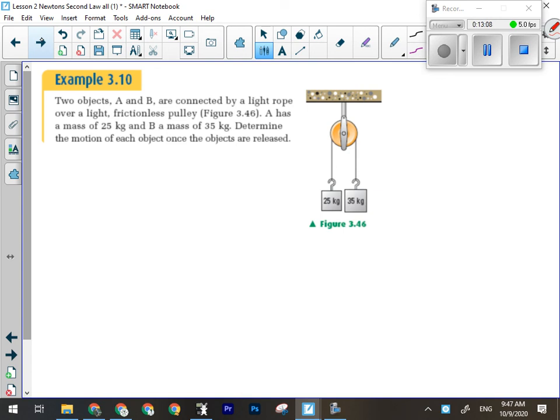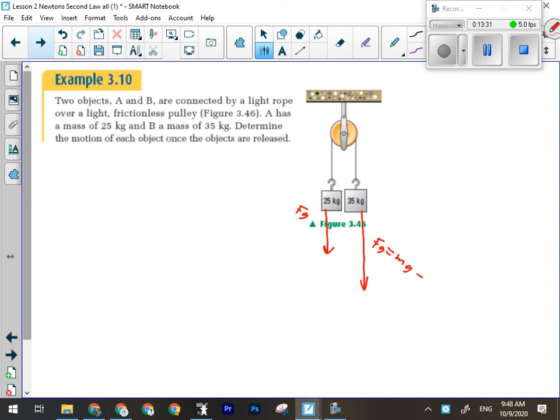So the two forces acting in this system are the force of gravity and the force of gravity. I know it's the same force, but it's in two different places. Can I calculate those two forces? Yes, because the force of gravity is just m times g.